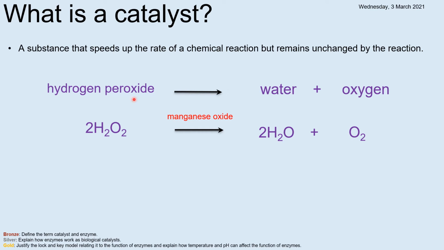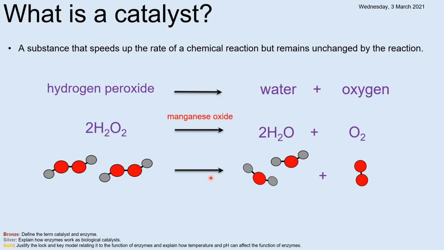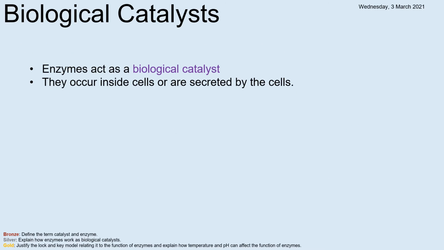That is what breaks that down into its products. So hydrogen peroxide is the substrate, manganese oxide is the catalyst, and water and oxygen are the products of this reaction. So there we go. We've got hydrogen peroxide, and it's broken down into smaller molecules with water and oxygen.